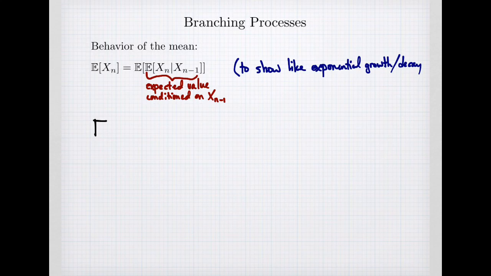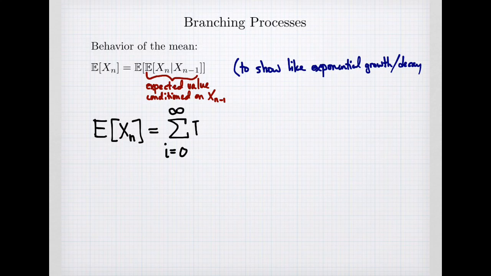What that means is we're going to say, to calculate the expected value, we'll sum over all possible values. So here we're going to go from 0 to infinity, and we're going to say what is the expected value of the conditional expectation.